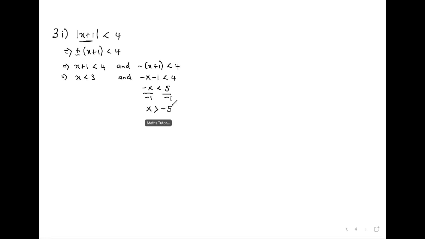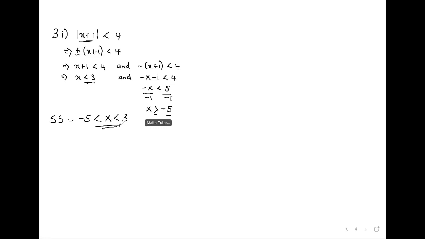Then you write the solution set: I'll start with negative 5, negative 5 is less than x, but x is also less than 3.